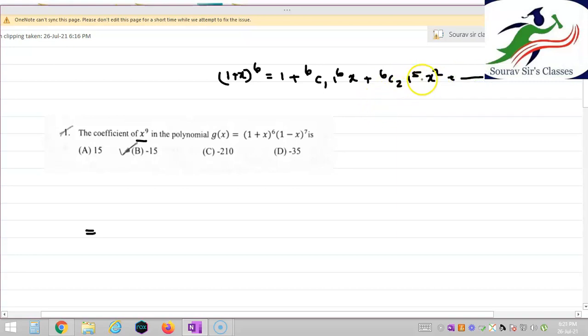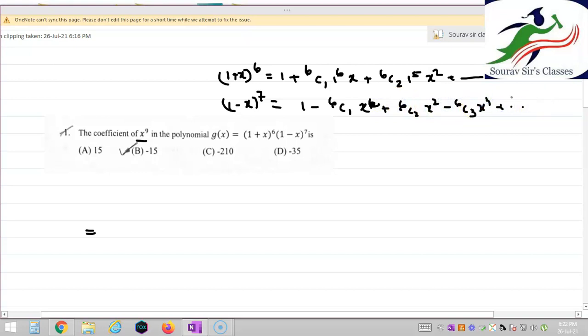So the coefficient of x square is 6c2. Now (1 minus x) to the power 7 will be 1 minus 7c1 x plus 7c2 x square minus 7c3 x cube and so on.